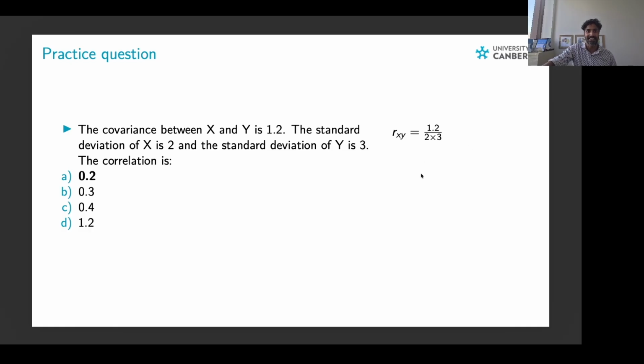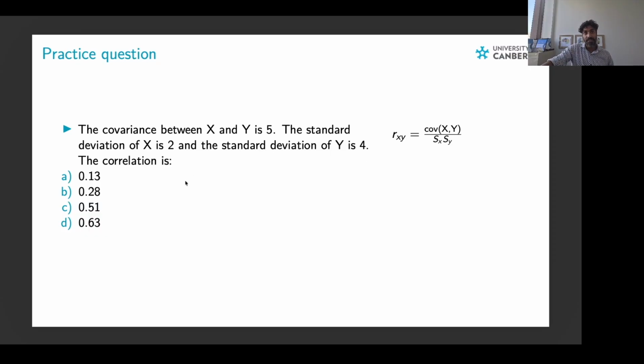So excellent, that's good to see. The next one: the covariance between x and y is 5, the standard deviation is 4 for y, and 2 for x. So 4 times 2 is 8 on the bottom of that formula. On the top of the formula, you have the covariance as 5.